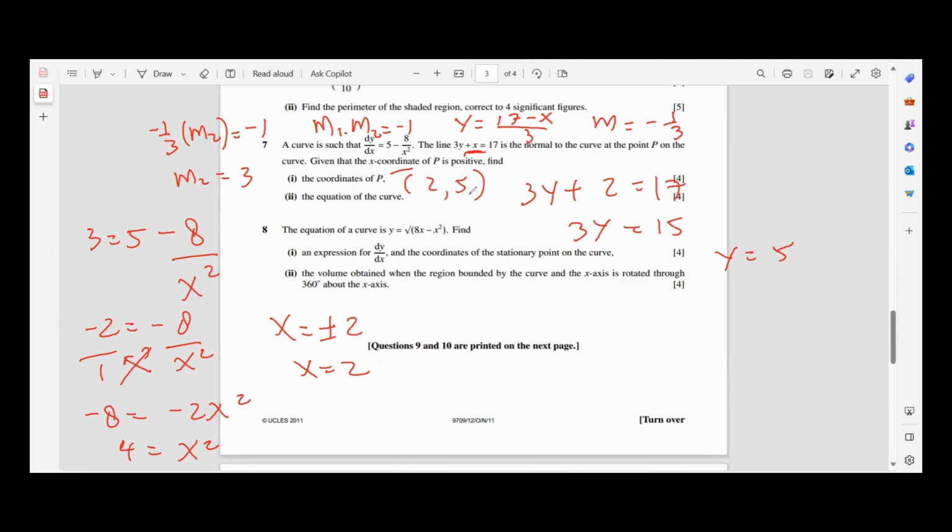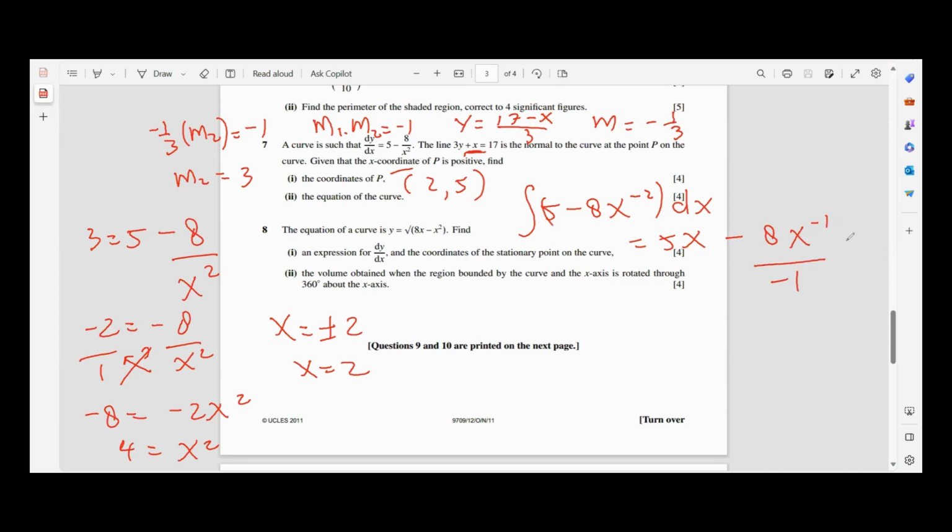And then it asks us the equation of the curve. For the equation of the curve, we have to use integration. Integrate 5 minus 8x to the power minus 2, I mean into indices, dx. So this will become 5x minus 8x to the power minus 1 over minus 1 plus c, equals y. So we can input the x and y values 2 and 5 to find the c.